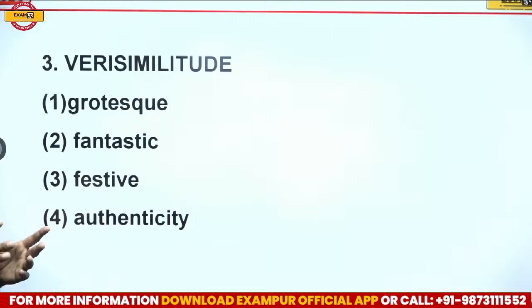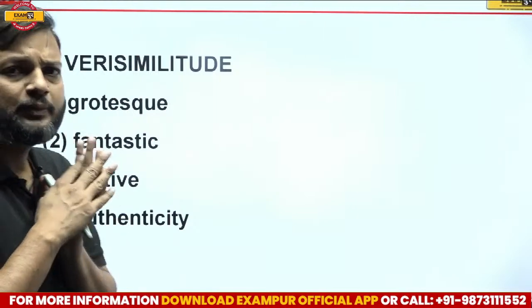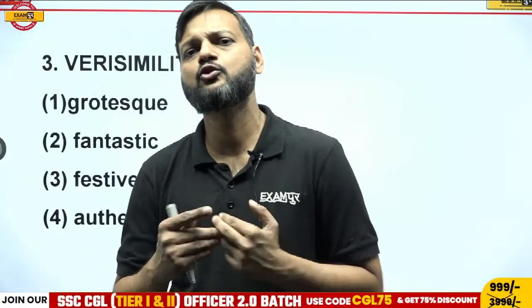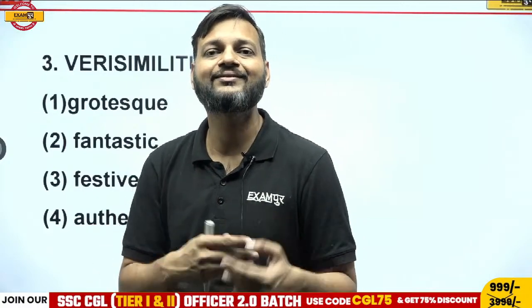When something appears to be true, when something appears to be authentic, it is called verisimilitude.